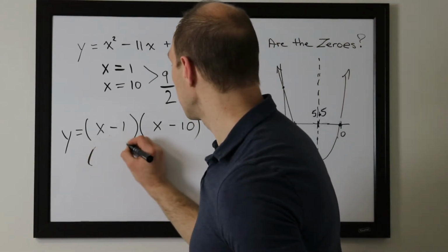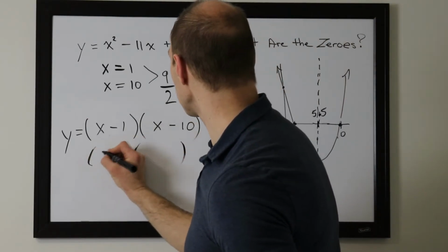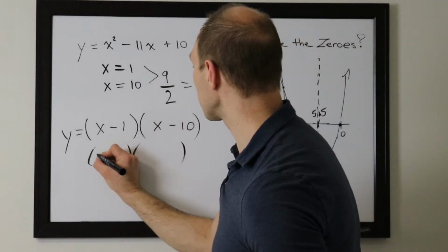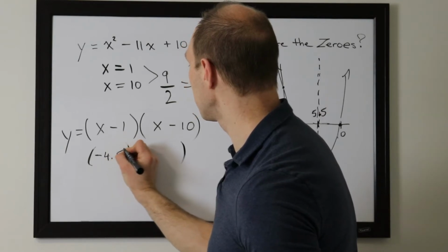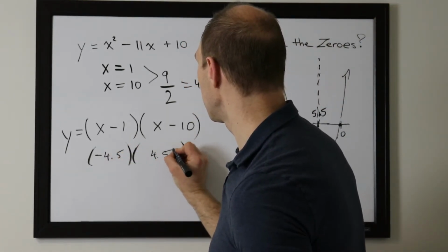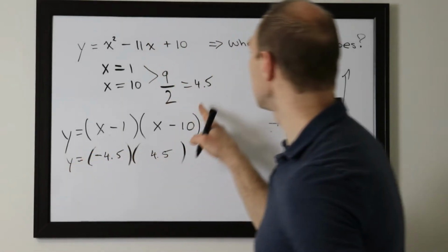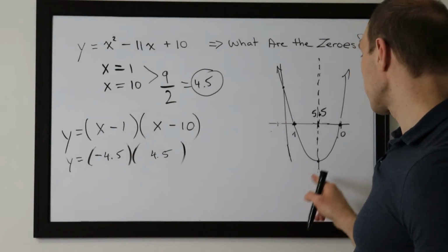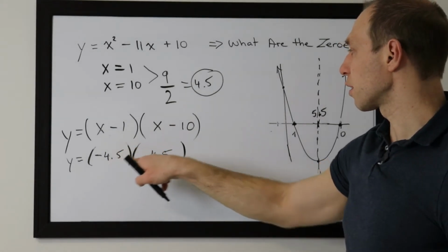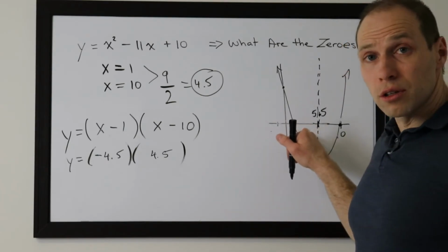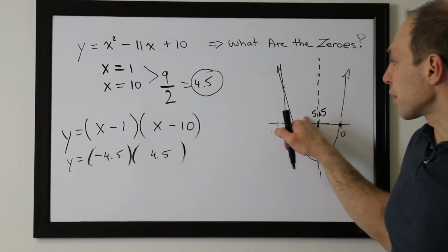In fact, all we're doing is multiplying negative 4.5 and positive 4.5. So we can just take this and essentially multiply a negative and a positive. Or you can take the longer route and plug this number in.